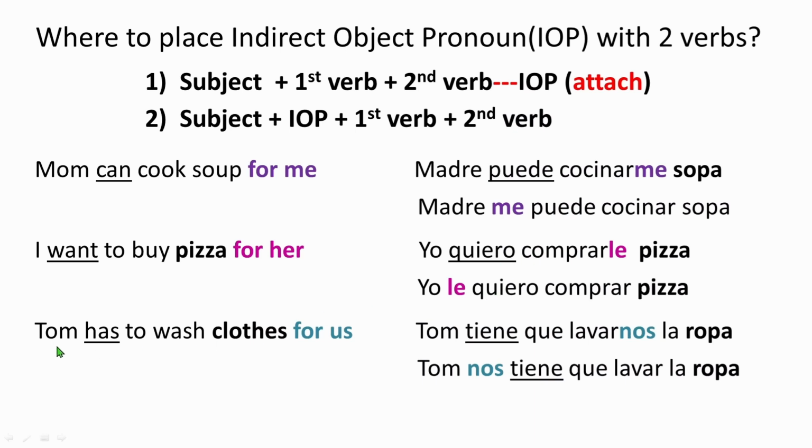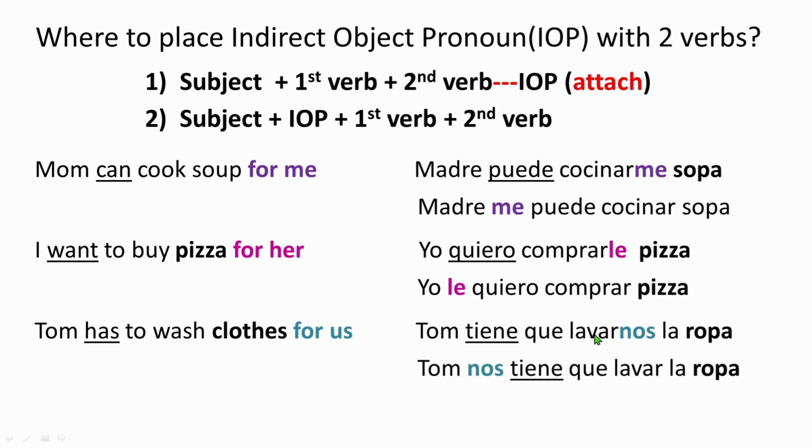Okay, next is, Tom has to wash clothes for us. Now we'll say, Tom tiene que lavarnos la ropa. Okay, Tom tiene que lavarnos la ropa. Now here tiene is has, and que here is to. Whenever after "have" you put "to", you need to put que as "to".